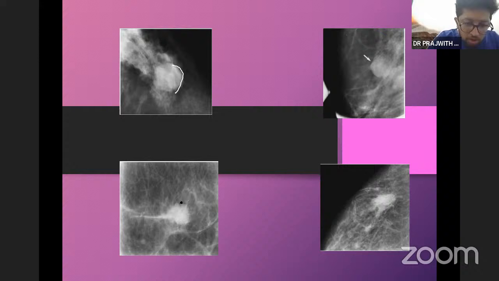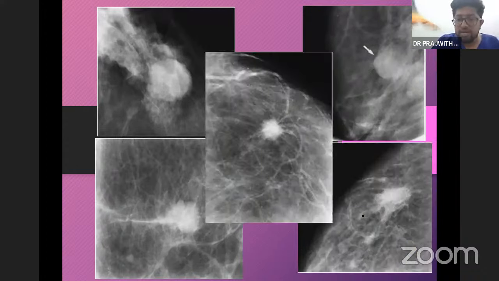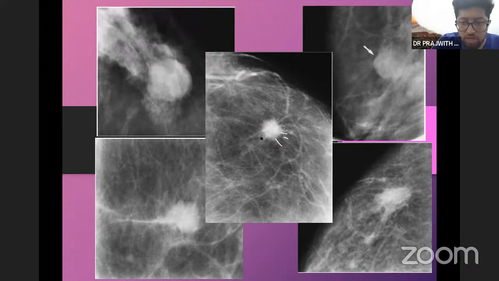It is a slightly lobulated outer margin, and in this we can see very irregularly lobulated outer margins. Whenever we see this kind of lobulation, there are chances of malignancy. And whenever there are spiculations like this coming out of the lesion, the chances of malignancy become very high.